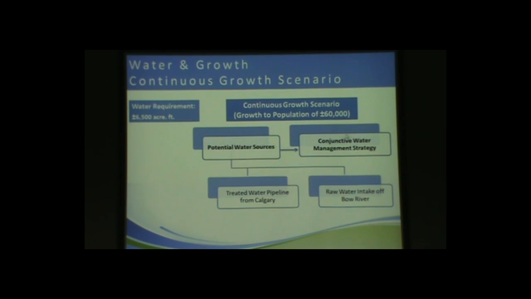We're suggesting that we would still undertake conjunctive water management strategies and feasibility studies under this scenario, again in the hope that at some point it will provide a tool for watershed management, and it could provide good justification for asking for more water under different circumstances. Really what it boils down to under potential water sources under a continuous growth scenario, we'd be looking at either a treated water pipeline from the City of Calgary or a new raw water intake off of the Bow River.